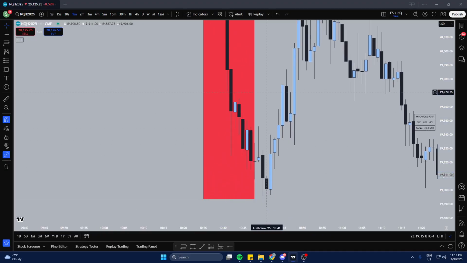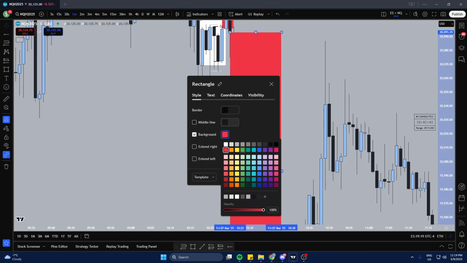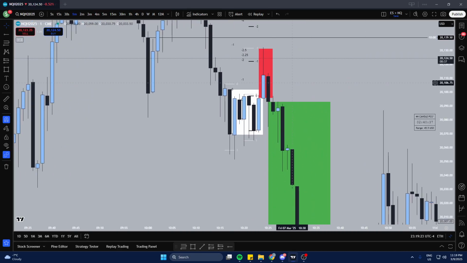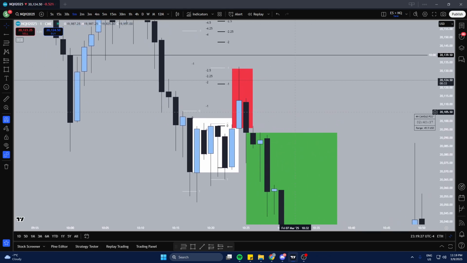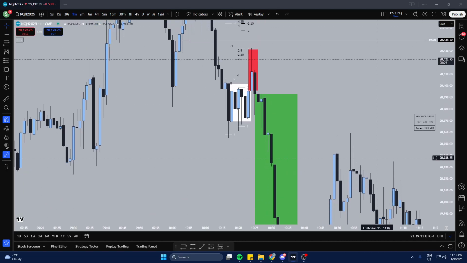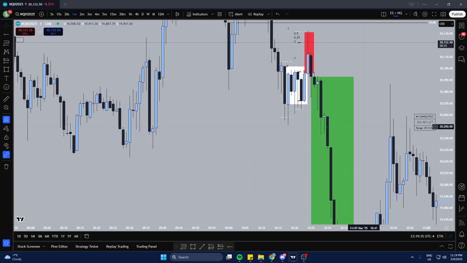We'll get to that later. So this is what it typically looks like, AMD. It's pretty similar to how the market maker model works.